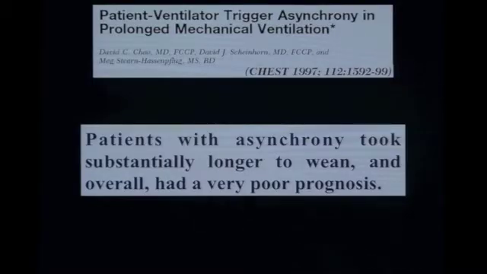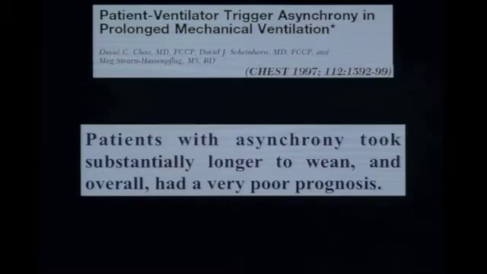Now, why make a big issue of asynchrony? Well, we don't know. The first author who found a relationship between asynchrony and the outcome of the patient was David Kao, working in a weaning center in California.